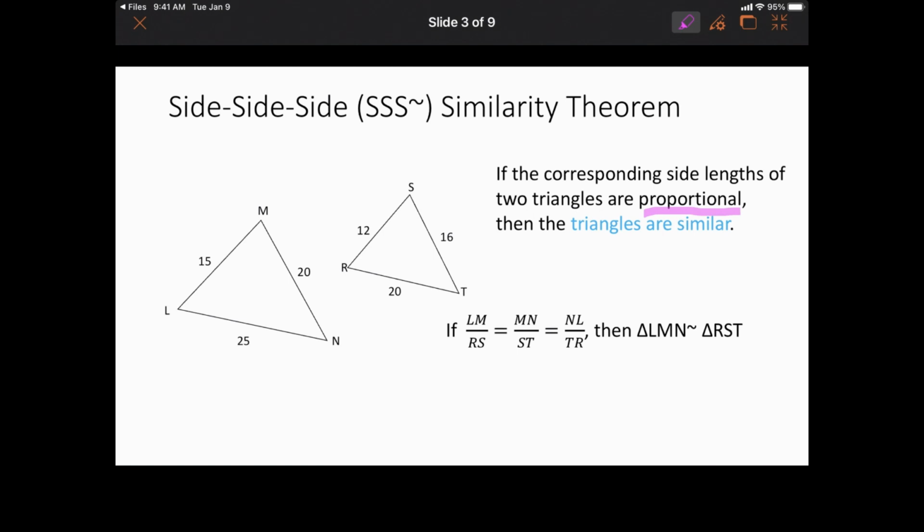Now to write it algebraically, you would say all three have the same ratio or scale factor. That's what we were saying with that. Then the two triangles are similar. So you have to prove all three of them are proportional, that they all have the same ratio, if you're going to use side similarity.